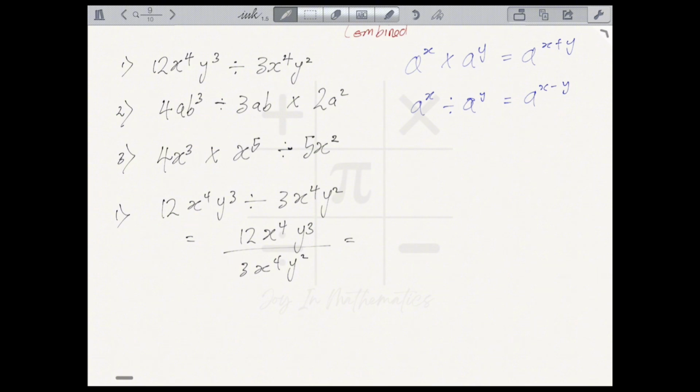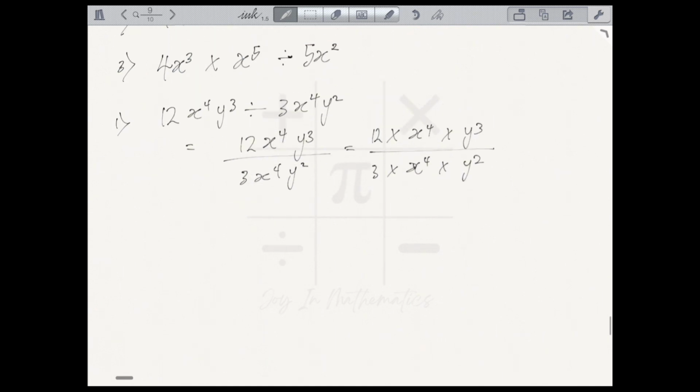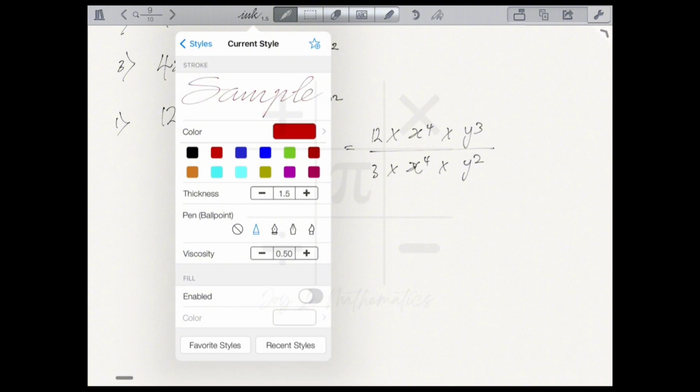We can also rewrite it as 12 multiplied by x raised power 4 multiplied by y raised power 3 divided by 3 multiplied by x raised power 4 multiplied by y raised power 2. Now, we can take the ones that have the same base and simplify them together.